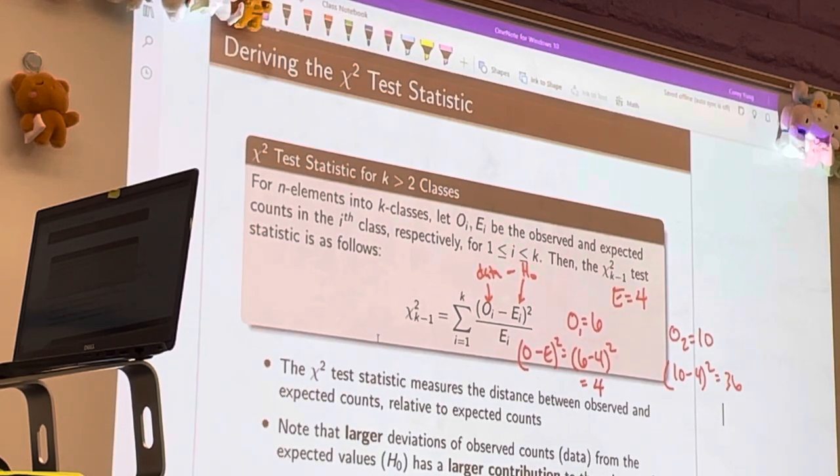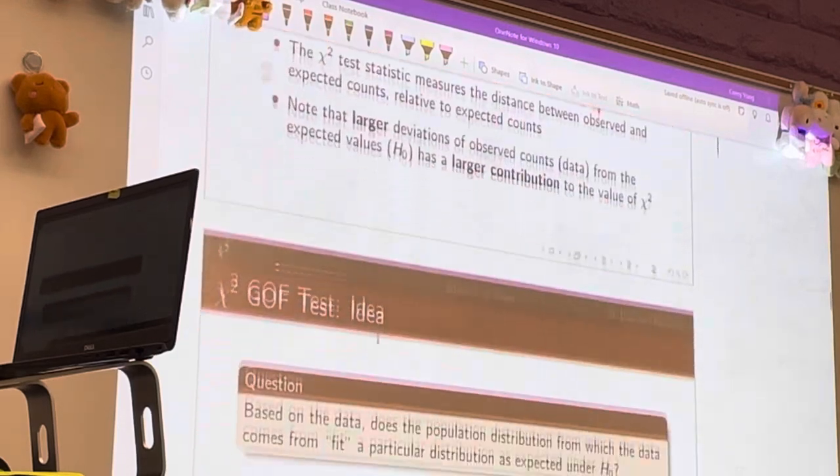And again, I don't think a lot of other stat teachers can explain the rationale behind all of this. Hopefully you guys are catching on a little bit. I'm not completely losing you, but we'll see.